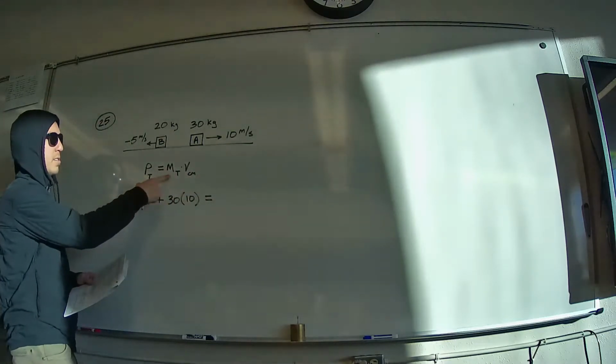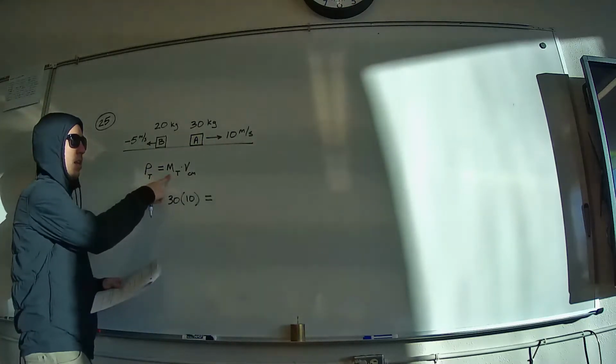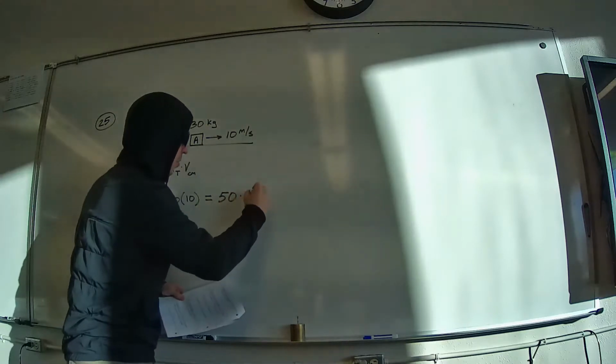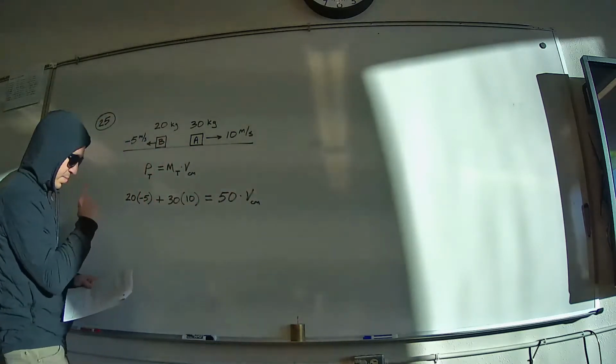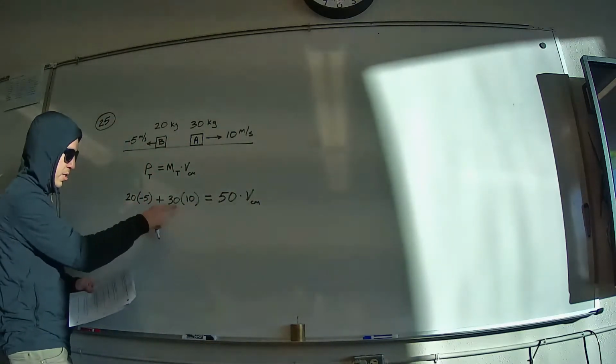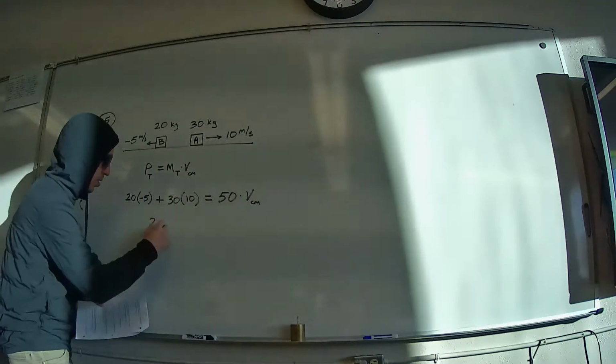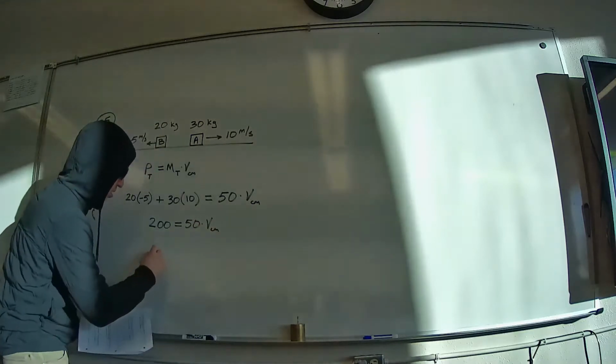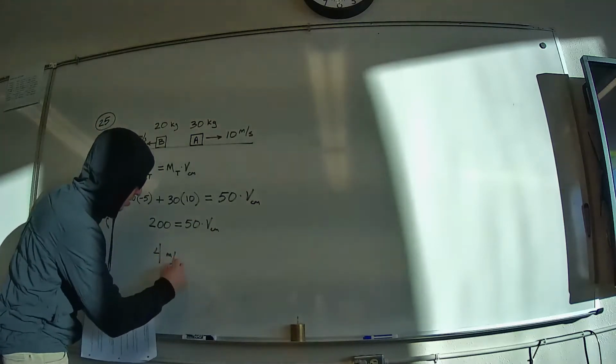The total mass is 50. And we're going to solve for that center of mass velocity. So we get 300 minus 100 is 200, divided by 50 is 4. So that's a nice number.